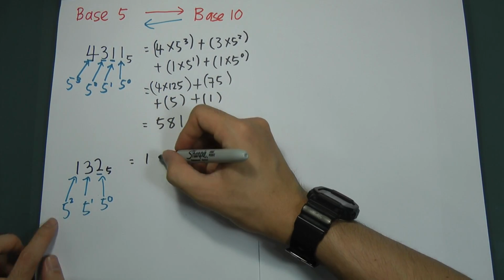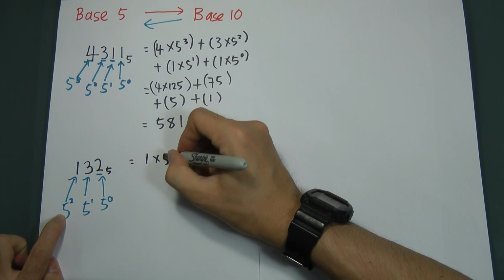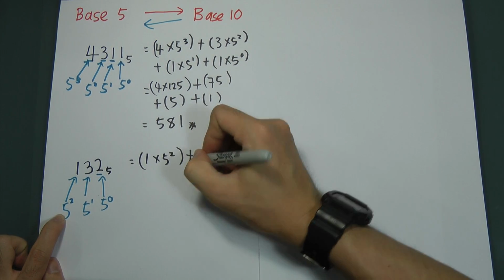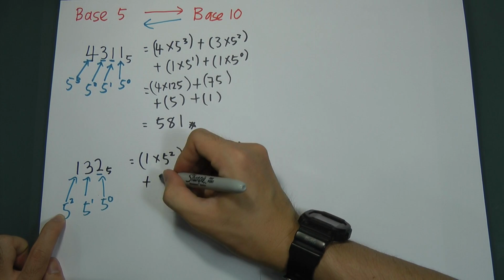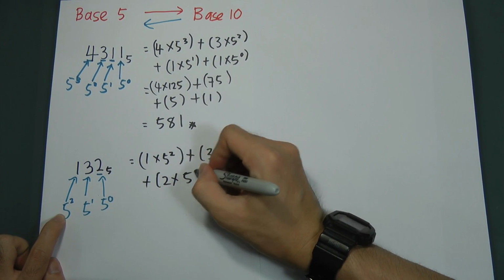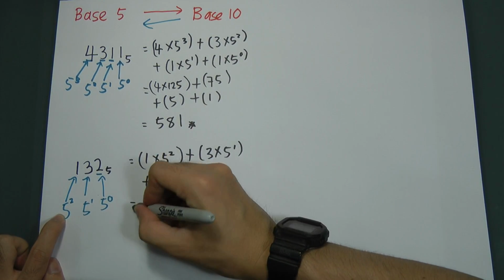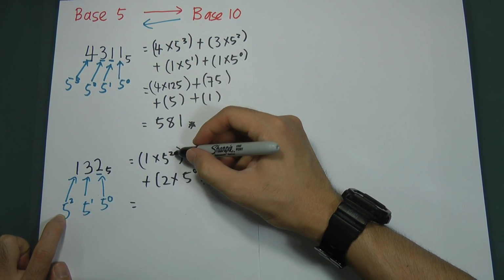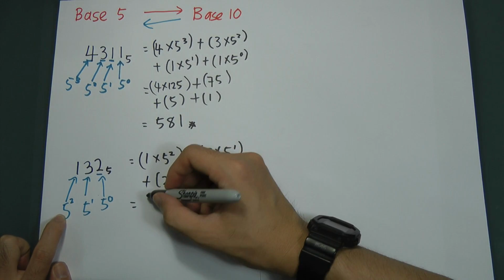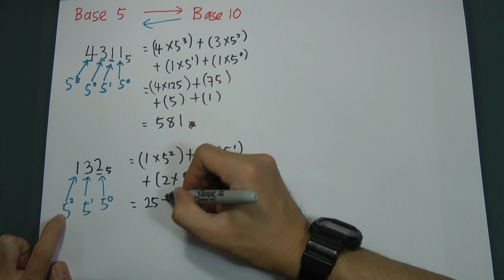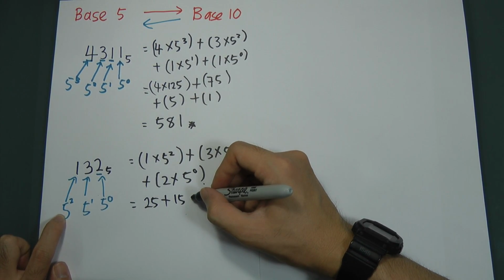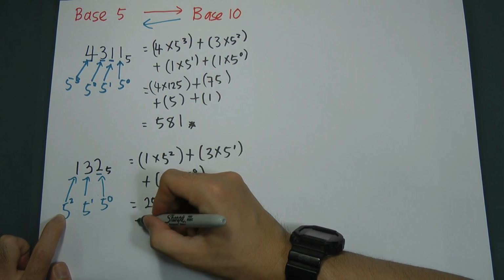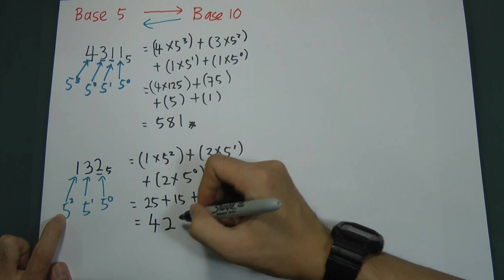So it's 1 multiplied by 5 power of 2, plus 3 multiplied by 5 power of 1, plus 2 multiplied by 5 power of 0. 5 power of 2 is 25, so this is 25, plus 3 multiplied by 5 is 15, plus 2 multiplied by 1 is 2. So this will be 42.